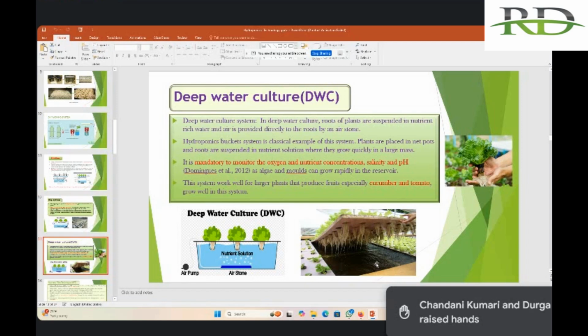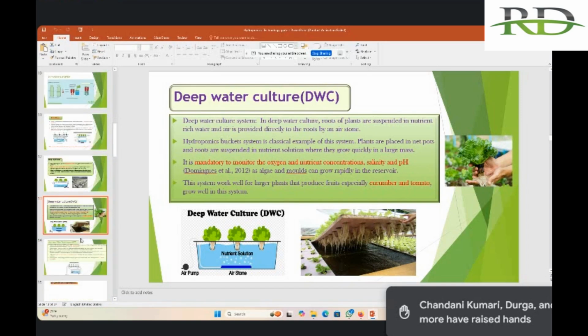The main problem in this is the growth of algae and molds, so in deep water culture it is mandatory to monitor the oxygen and the nutrient concentration. This is very important. This system works well for larger plants, that is cucumber and tomato.